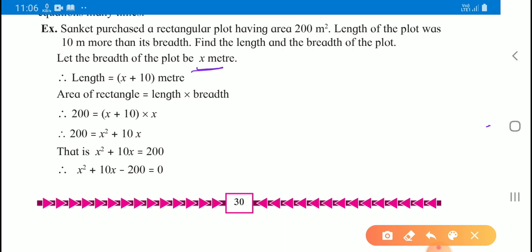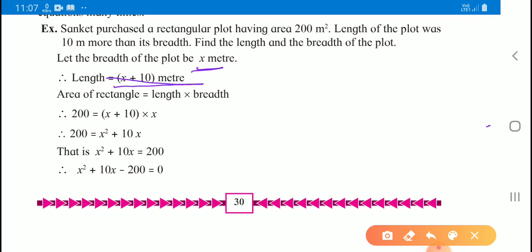Then, as the length of the plot was 10 meter more than its breadth, the length of the plot is x plus 10 meter. Now as you know, the area of rectangle is equal to length multiplied by breadth. So we will write down the values and we will find the value of x.